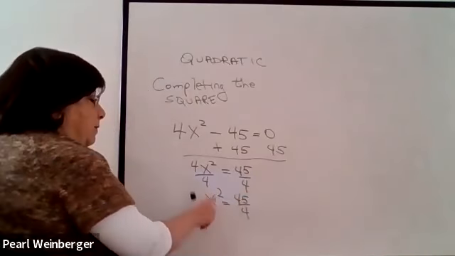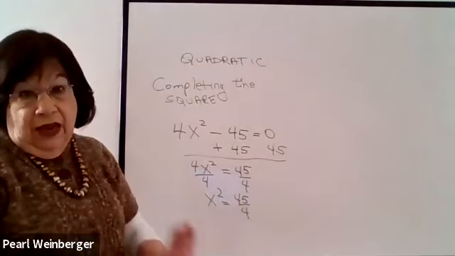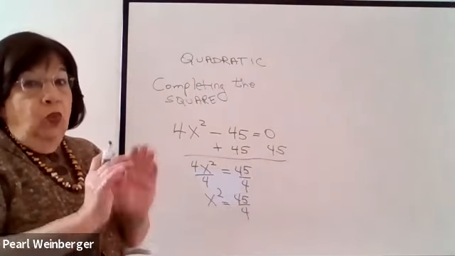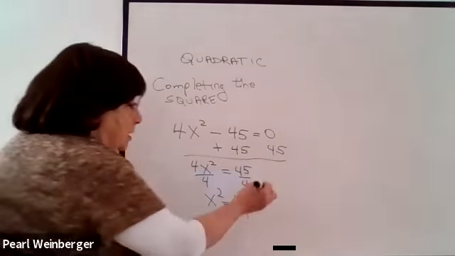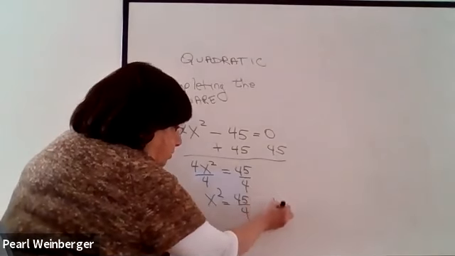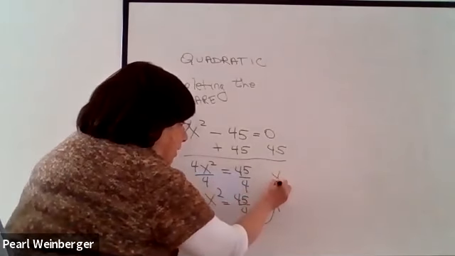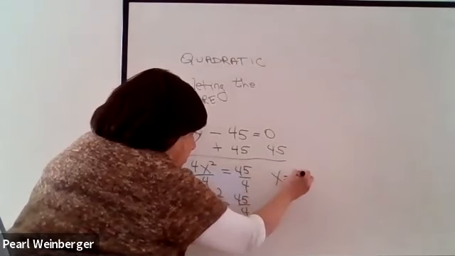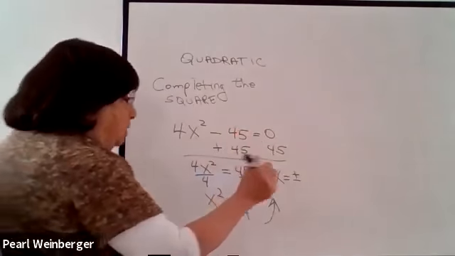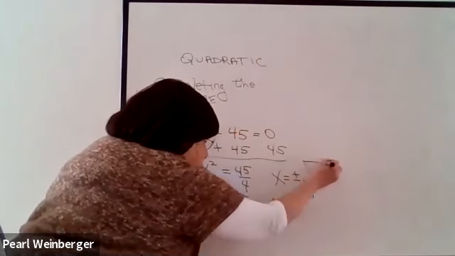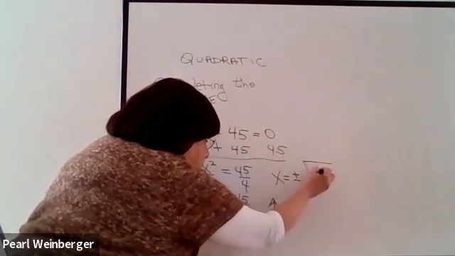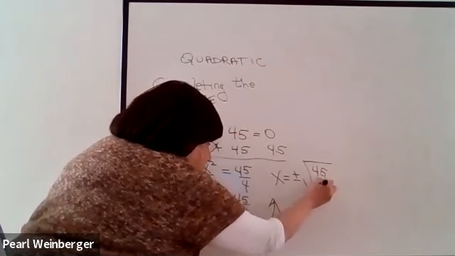So my first step is to figure out what is x squared. Once I know what x squared is, I then go to finish this by doing the square root. x will have to be, and don't forget to put in this plus or minus because there's always going to be two answers, the square root of 45 over 4.